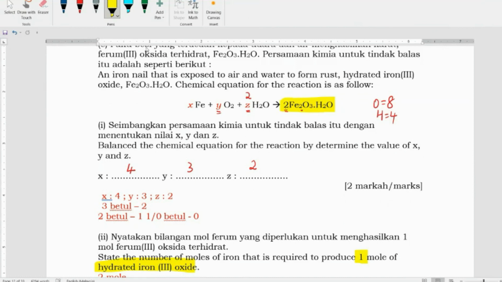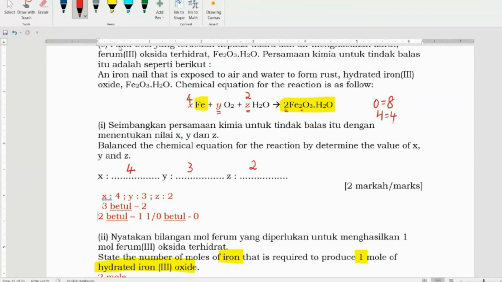So the question asks you how many moles of iron? If 2 moles of hydrated iron 3 oxide, you need X is 4, right? Here X is 4.